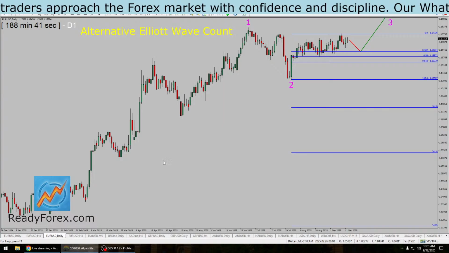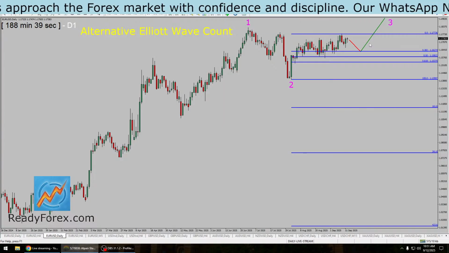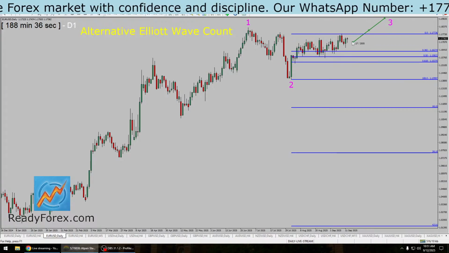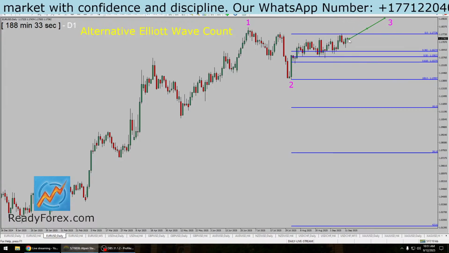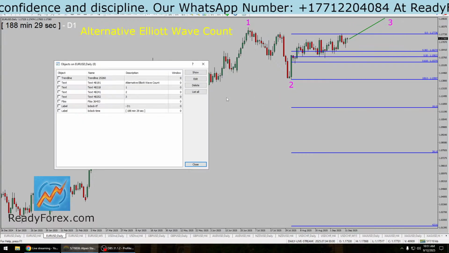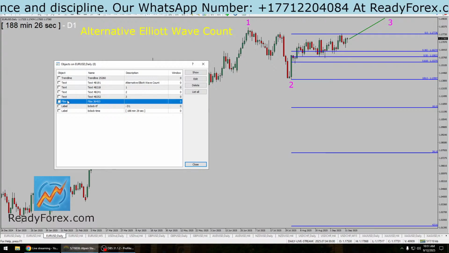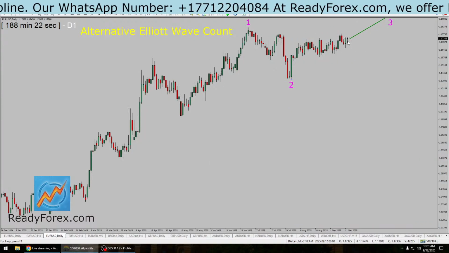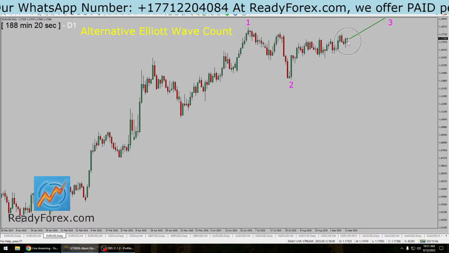is the wave count. So this is 1, 2, and the way I see, market is most likely going to rise up from current levels. We might not get even a pullback over here. Okay. So maybe the pullback is going to appear, or maybe pullback is not going to appear.